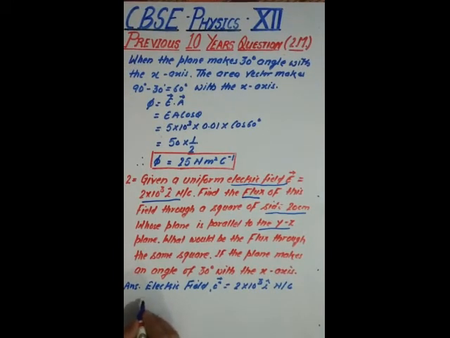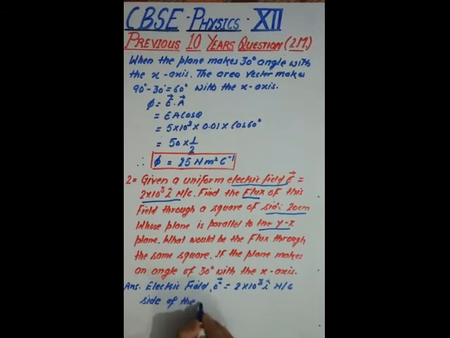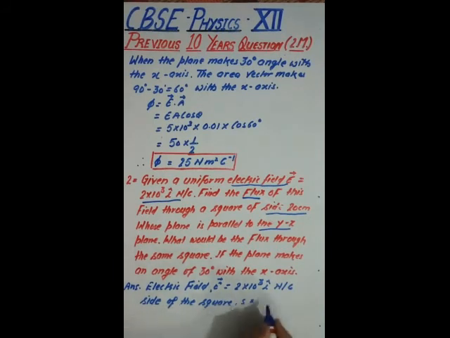They have given us the side of the square. It is represented by, suppose, small s equals 20 centimeter. It will be converted into meter. It became 0.2 meter.